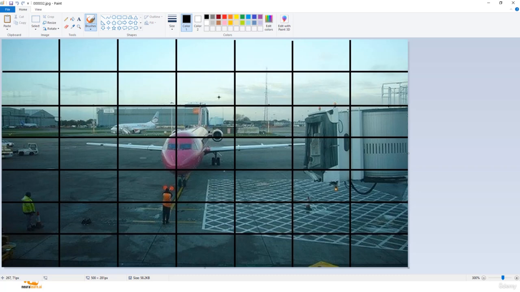And then for each of these 49 positions, since 7 by 7 gives us 49 different positions, we have to say whether there's an object or not. In case there's an object, give the specific class, and then also give the bounding box values.